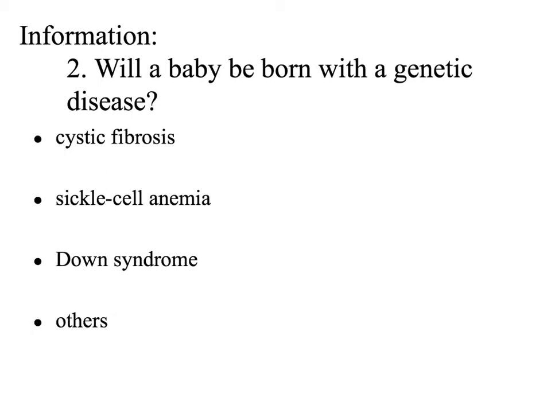A simple test run can help screen and determine if the baby has some of these diseases. Now, these screenings are not 100%. Sometimes you can tell, sometimes you can't, and the disease may be present even if the test says no. But it does give us a better idea of some of the genetic problems that a baby may be born with.